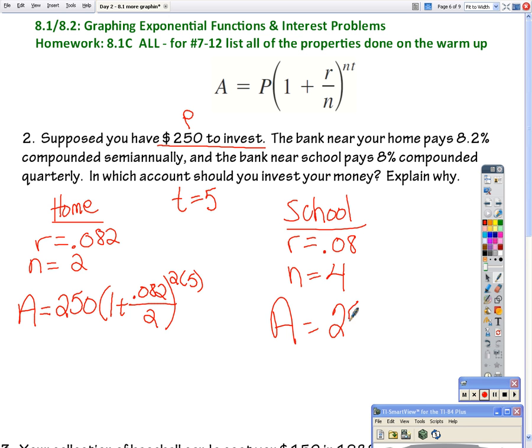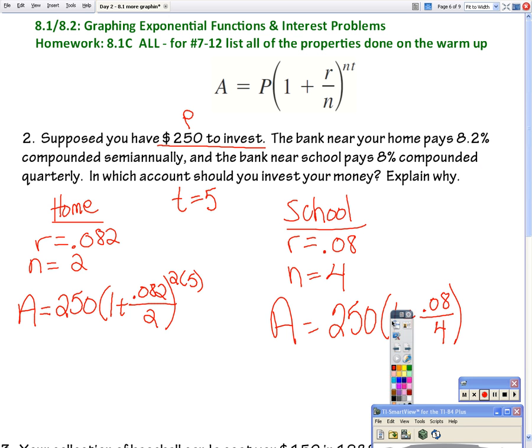And for the school account, because we're using the same time for each one, using time as 1 year actually is a little less typing. So that would work. If you're curious and want to do it for 5 years, and maybe even try it even further out and do it for 10 or 15 years and see if it makes a difference, the amount of time your money's in the bank, one might be better over the other.